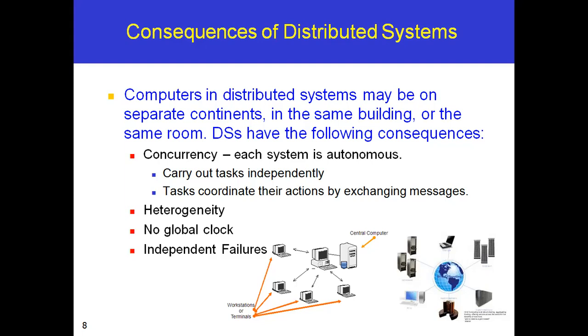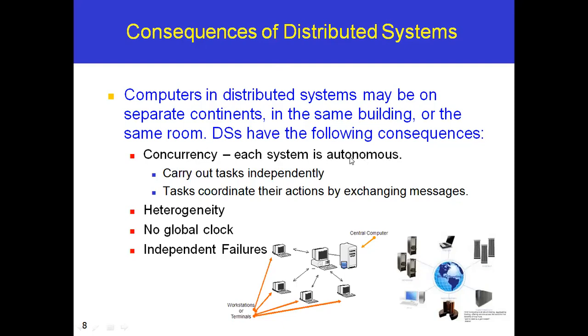For all these categories, distributed systems have the following consequences. The first one is concurrency. I already told you many times, concurrency is nothing but simultaneous. Each system is autonomous, each system is independent, each system is a standalone computer.